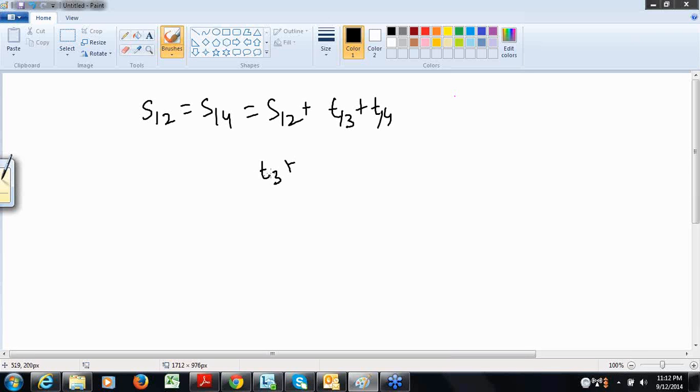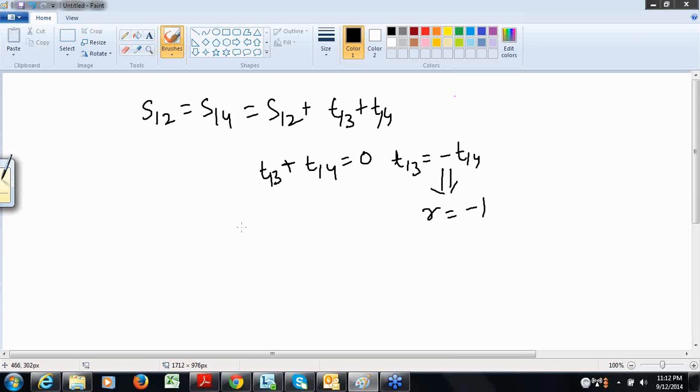Term 13 plus term 14 is equal to 0, or term 13 is equal to minus term 14, which implies what? R is equal to minus 1, because it's a GP.